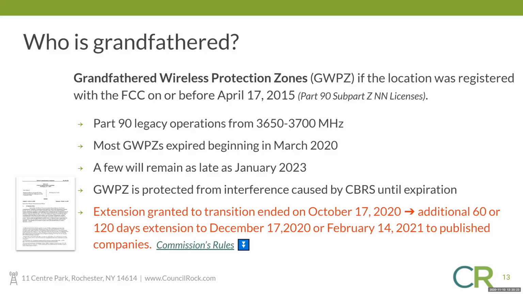The rule was that any operator that has Part 90 equipment operating in the spectrum from 3650 to 3700 had until October 17 to migrate to the new rules, which is Part 96, and then everybody that registered a site.